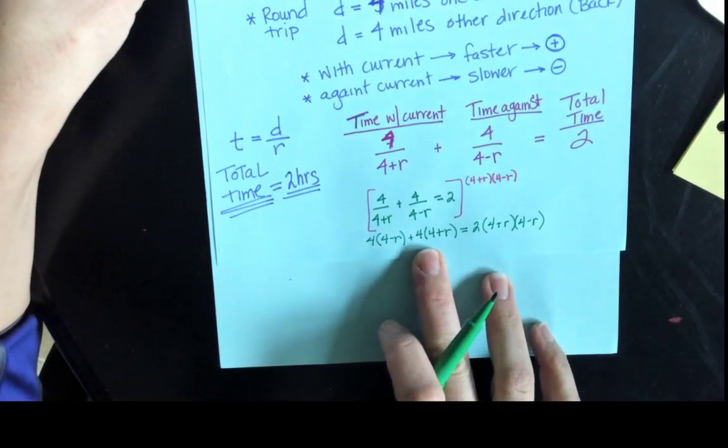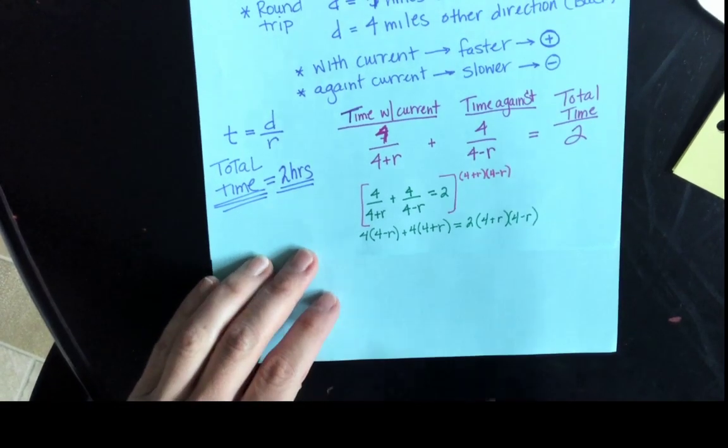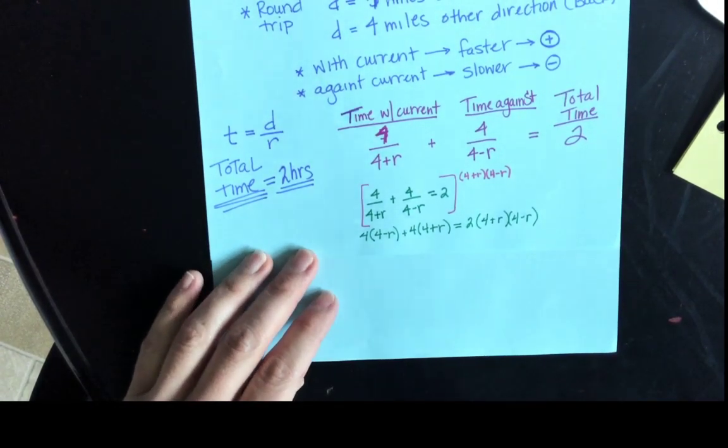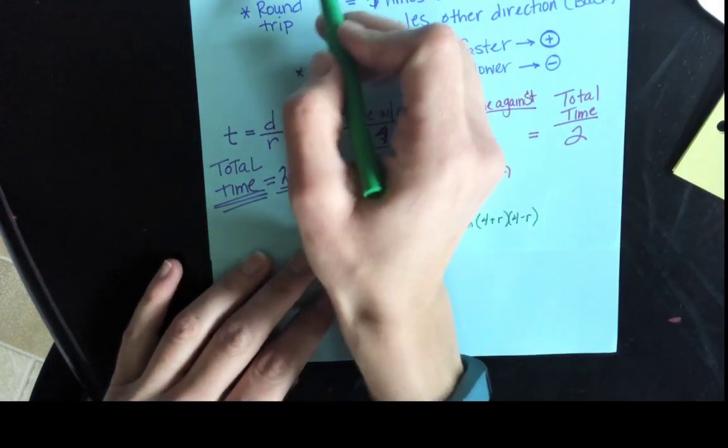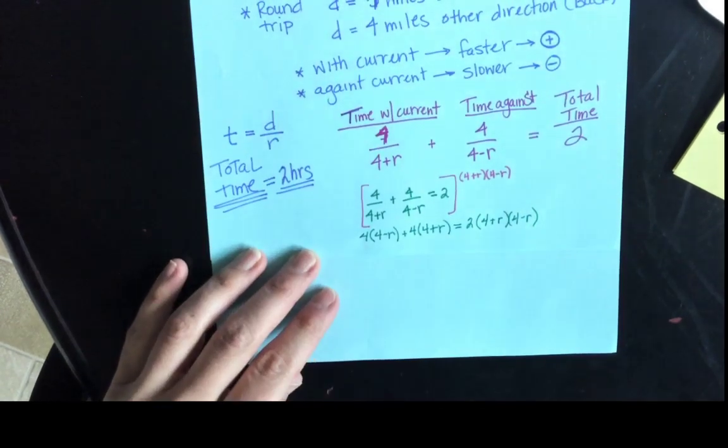Now, before we go any further, we are still using our distance formula. The only reason we changed it from d equals rt is this time it told us the total time. The only way we could do this problem is because we don't know how much time it took in each direction.